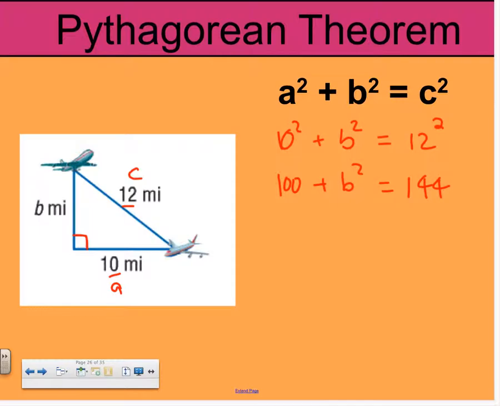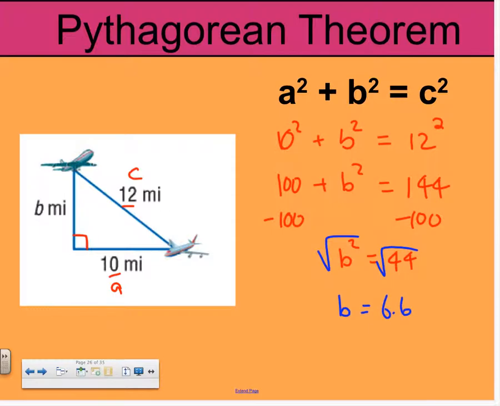Now to get B by itself, I'm going to subtract 100 from both sides, and now I have B squared equals 44. That is nice, except that I'm interested in B, not B squared. So I take the square root of both sides, and I end up with B equals 6.6.